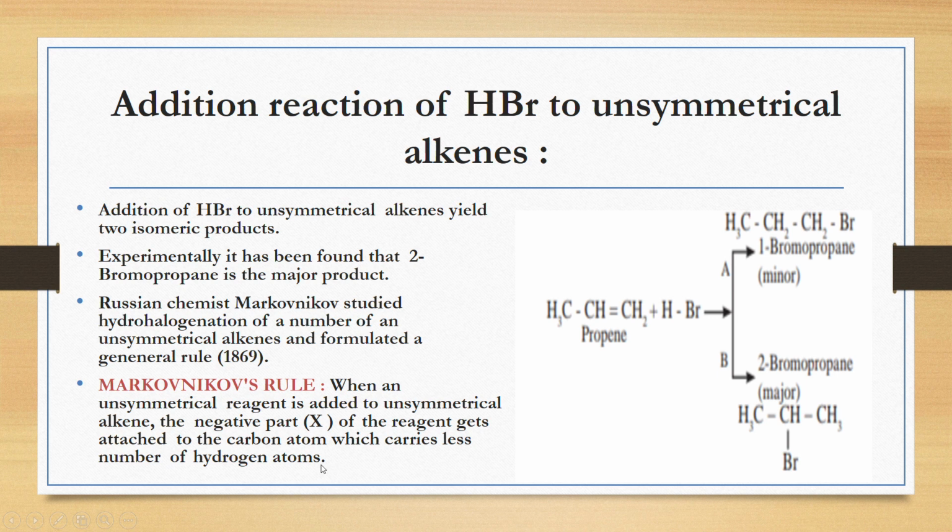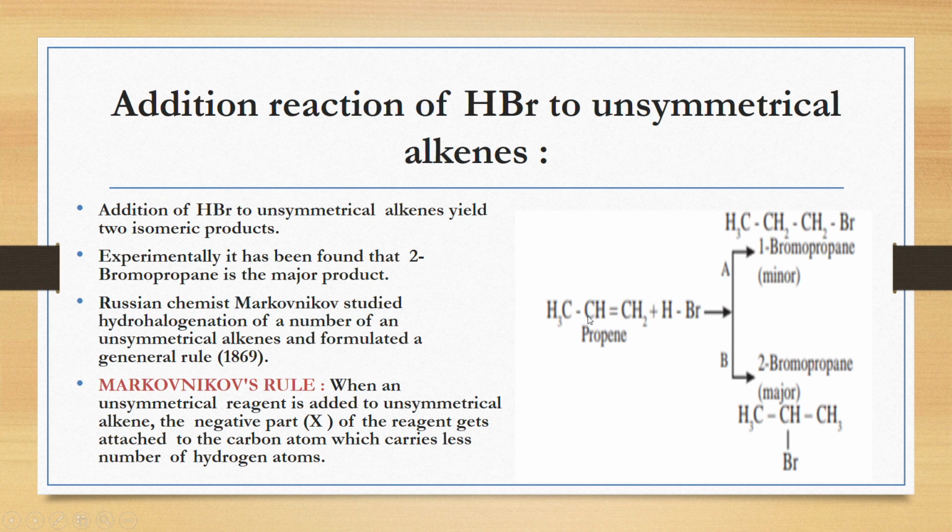Now let's apply Markovnikov's rule to propene, in which we are carrying out addition of hydrogen bromide. Double bond is present between first and second carbon atom, that will get opened. One carbon will take up hydrogen, the other one will take up halogen. Now the question, which carbon will take up halogen, is solved by Markovnikov's rule. You will have to search for the carbon which has lesser number of hydrogen.